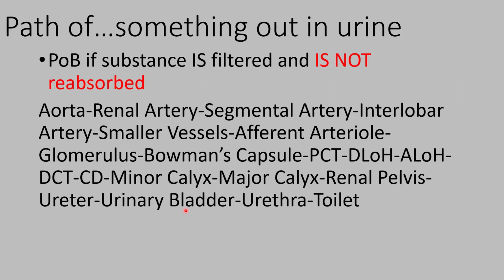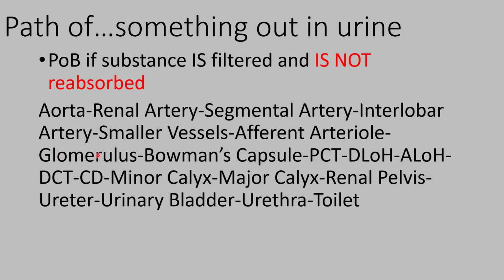And third, what if it just gets filtered and it becomes urine? This is the most likely option. So something in the blood and then it's going to end up in the toilet. So here it's at the aorta. Now it's going to go to the kidney. It gets to the glomerulus.